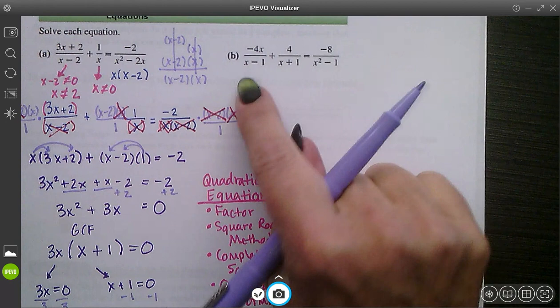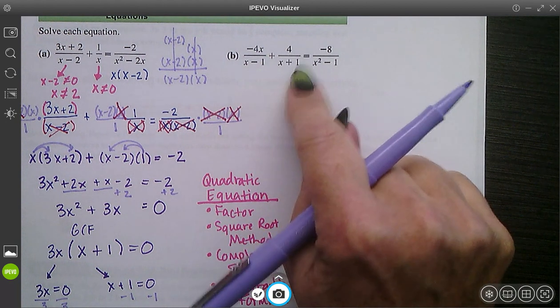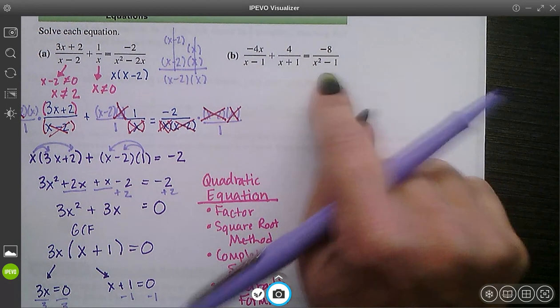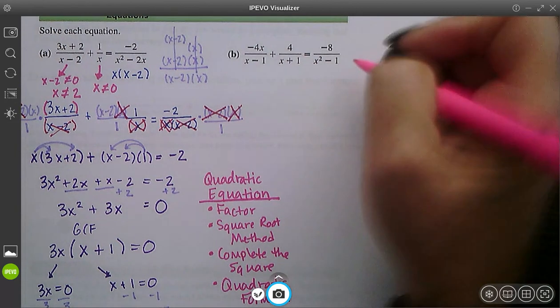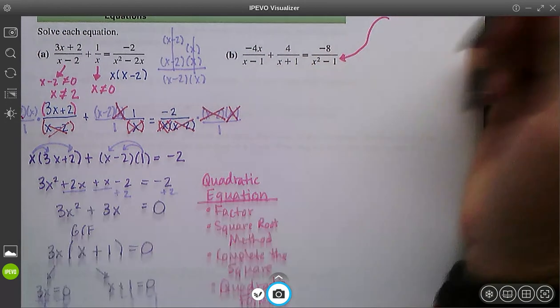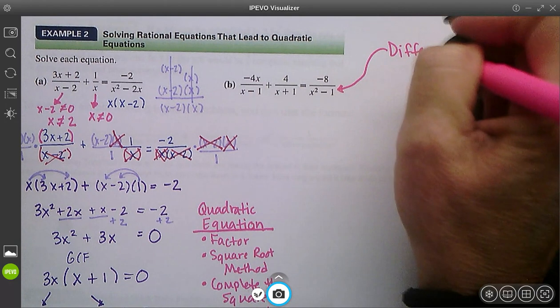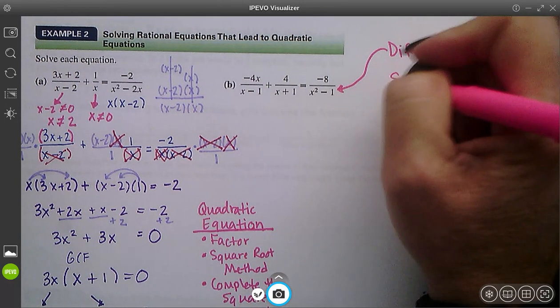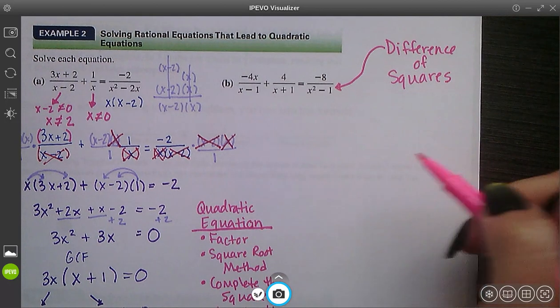How about this guy? -4x over x minus 1 plus 4 over x plus 1 equals -8 over x squared minus 1. Now, I'm going to start by factoring the denominators. And I'll tell you that this denominator has a pretty recognizable pattern. It is difference of squares. And you actually will see this a lot in these kinds of problems, these rational equations.